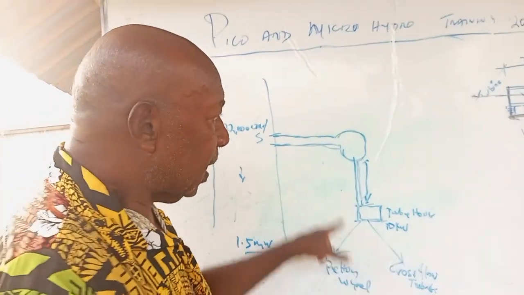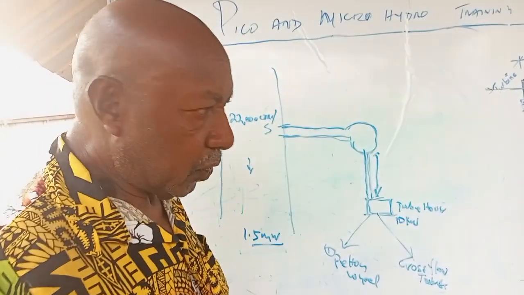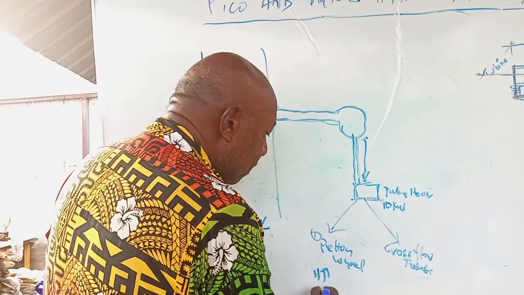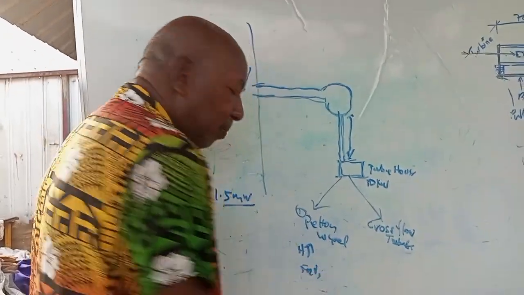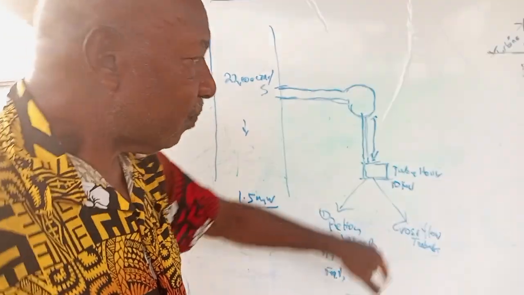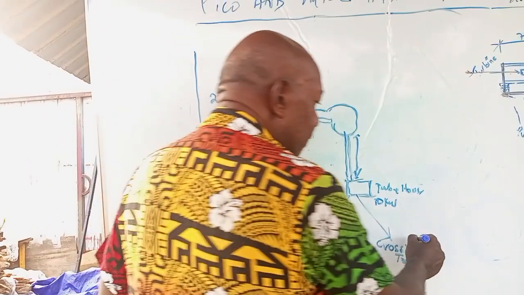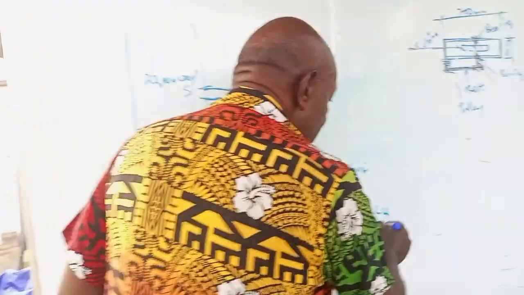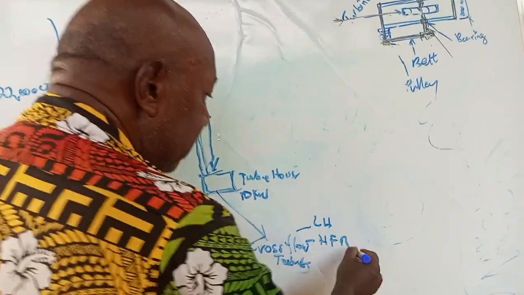High head, now low flow rate. High head, high flow rate, and tumbler. This one here is for low head, low head, high flow rate, high flow rate.